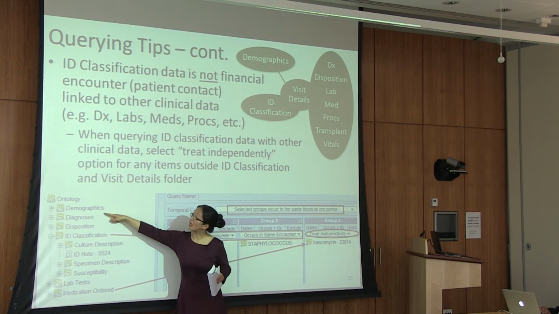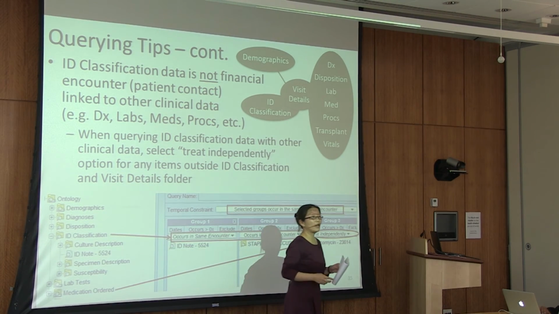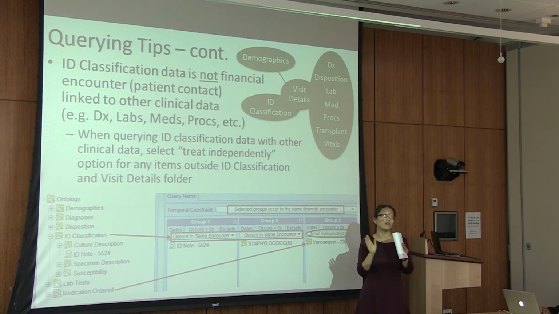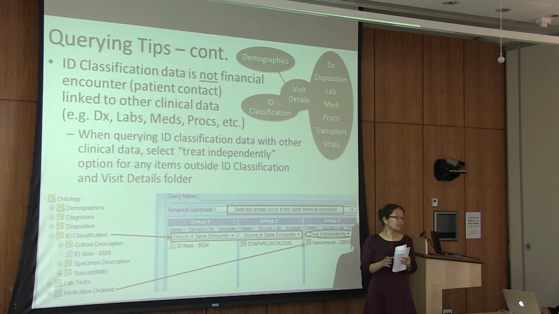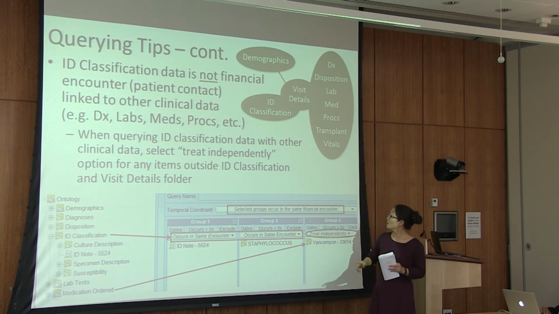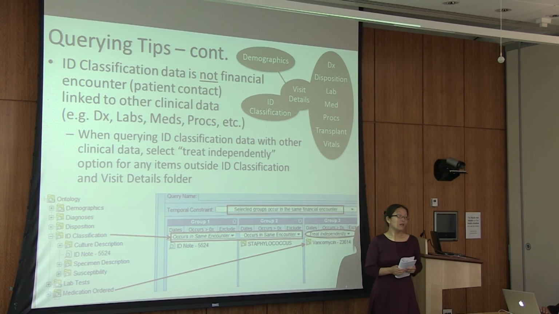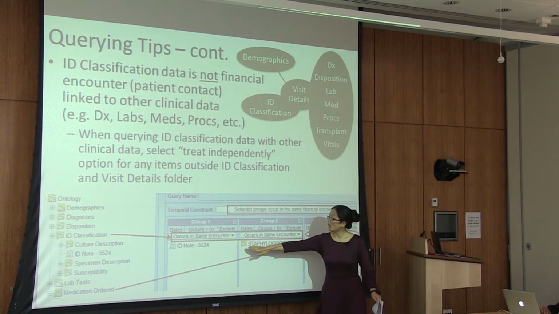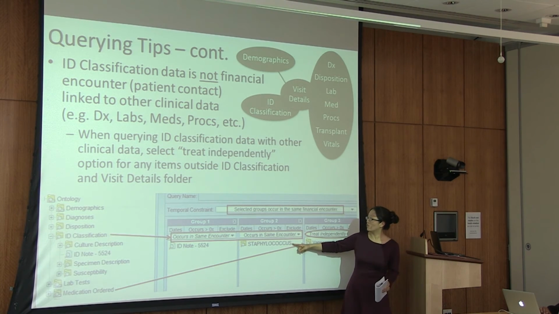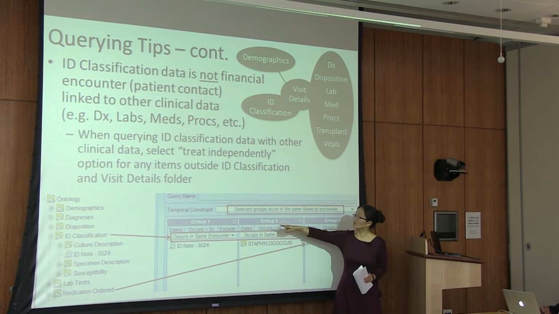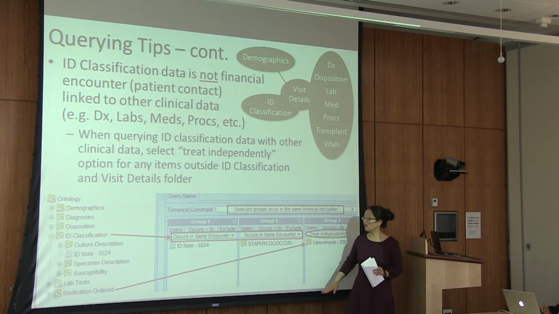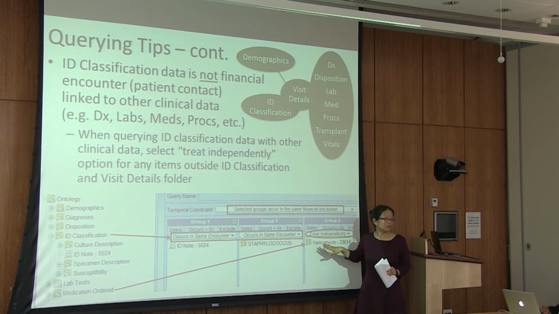If you go outside, then you need to say independent and put a date on it, or try to identify a slightly different way. If you don't put a date on it, then it will find anybody with ID note and Staph aureus, Staphylococcus, in certain date range or not, and then if they ever got a medicine, for example.